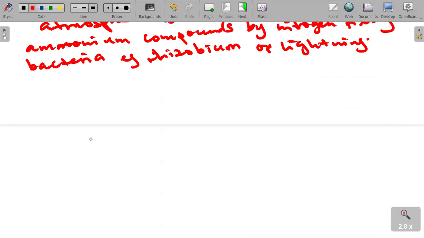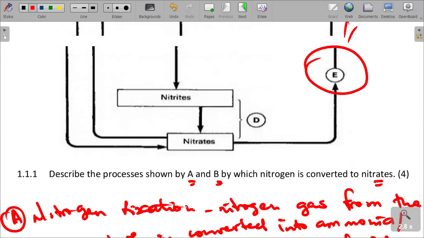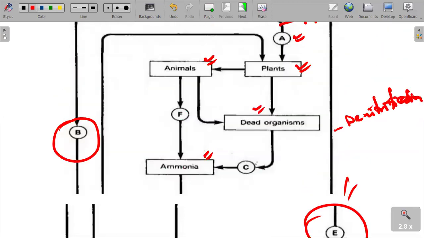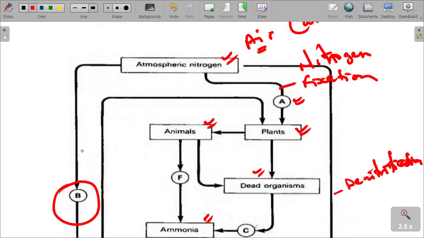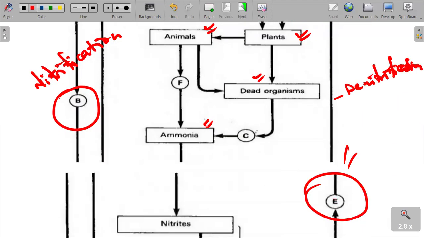B actually represents nitrification. B is nitrification, that you can see there.